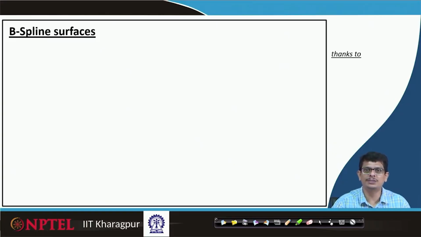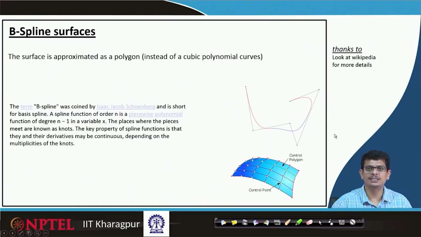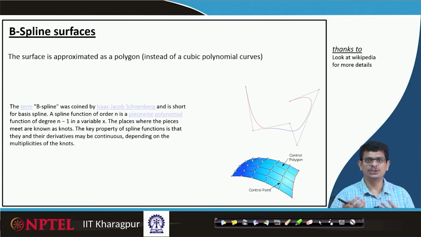The other way of representing these data points to construct surfaces is called B-splines, which is also called the basis splines technique. Because it is a drawing course, we are not going into too many details of the mathematical formulation of these curves, but just to have an overall idea about what kind of curves are good for what kind of applications.